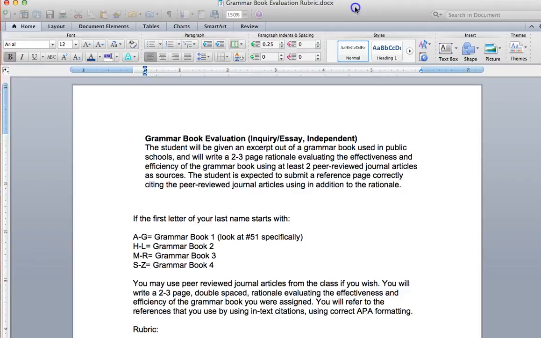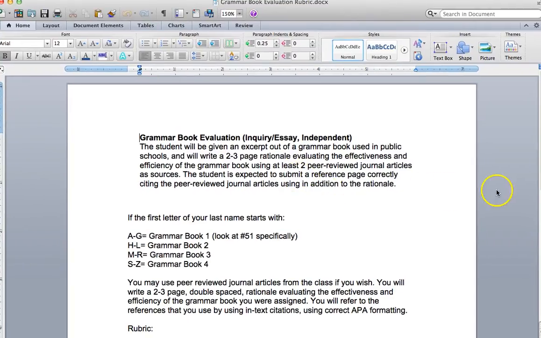For your grammar book evaluation, you are going to have an excerpt out of a grammar book used in public schools and will write a 2 to 3 page rationale evaluating the effectiveness of that grammar book using at least 2 peer-reviewed journal articles as sources.